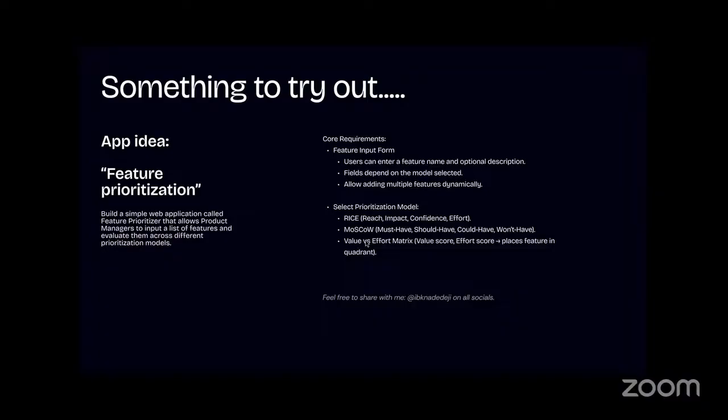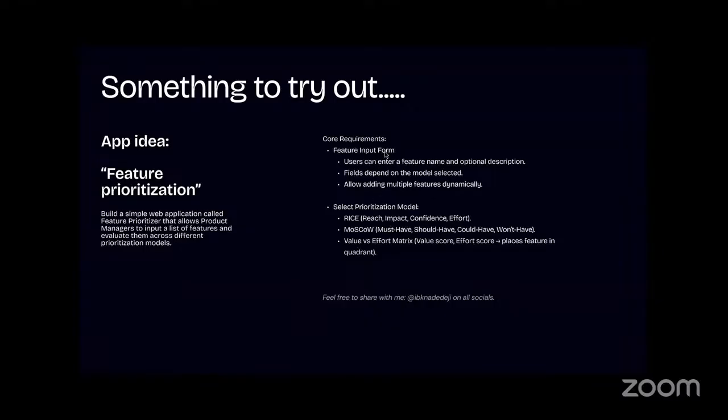If you have multiple stakeholders that value different prioritization techniques, or they would only understand you if you explain to them using a particular technique, you can build this tool that includes all the prioritization models that I have here, RICE, MoSCoW. There is also the Kano model, but just look at these three. These are simple to implement.